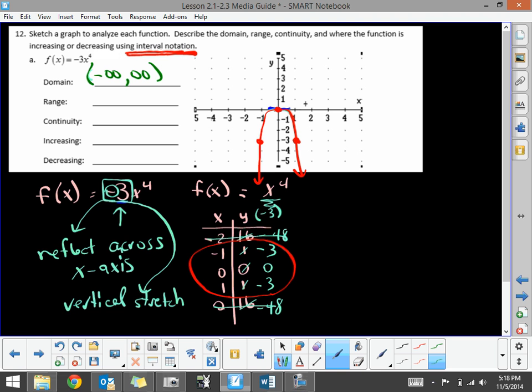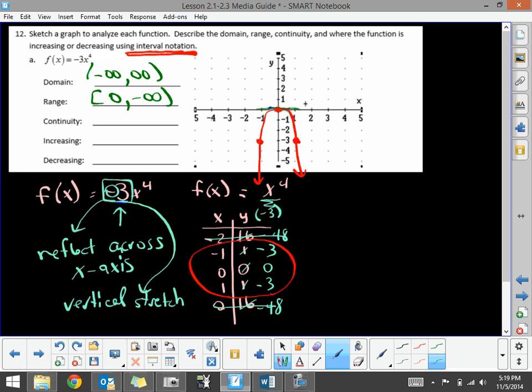The range: if we look at our range, the graph only stays below the x-axis, so the range goes as high as and including 0. You have to be careful with this because this is a square bracket. It actually achieves a 0, and then it goes toward negative infinity. So that's our range.